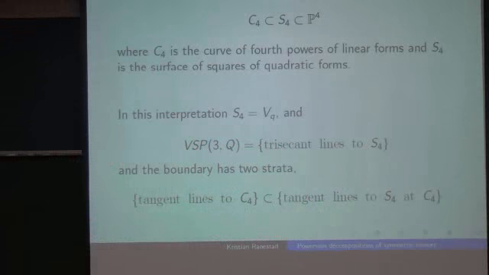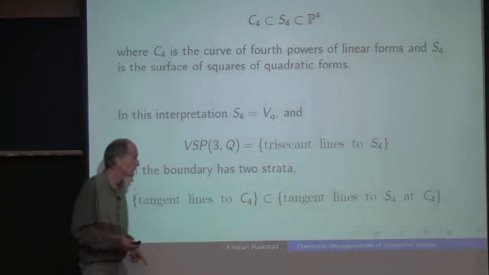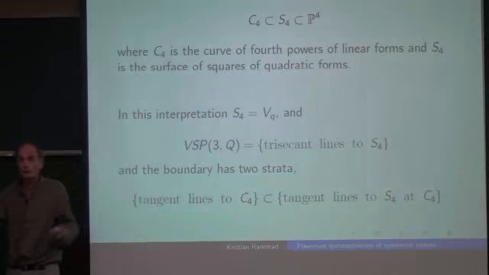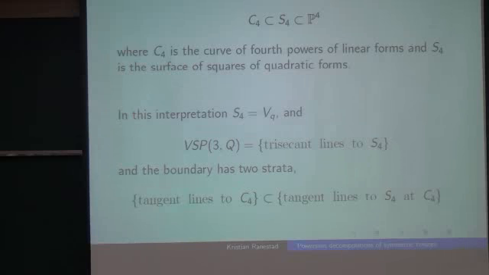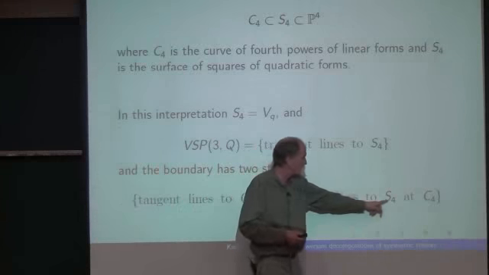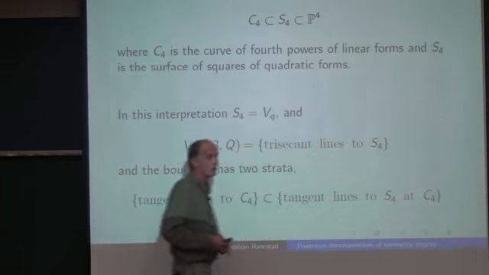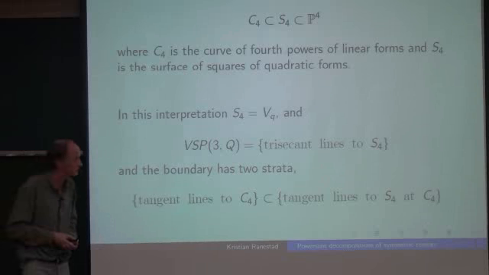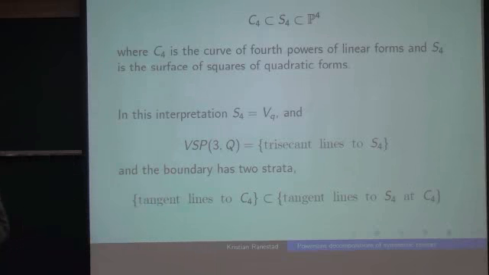And in this interpretation you can see the degenerations because you have the particular curve C4 and the tangent lines to C4, that's actually just the worst degenerations that we saw. Just the one parameter family of triple lines we saw 3 slides ago. While the tangent lines to S4 that are tangent at a point on C4, that's the surface of lines, that's the first degeneration that we saw. So here we have a geometric picture of this whole thing.